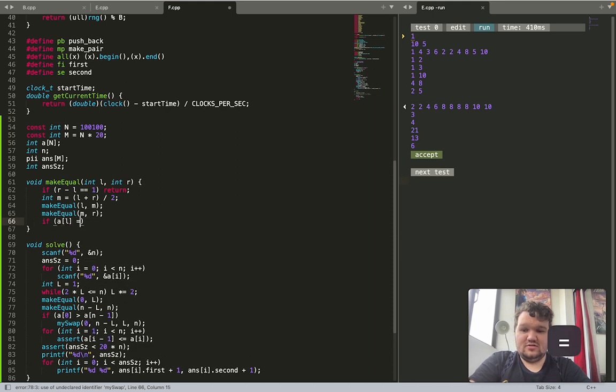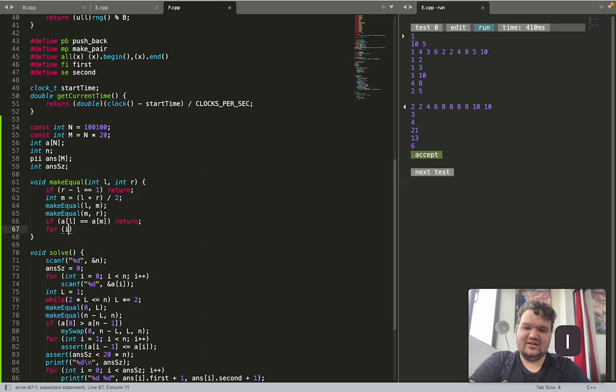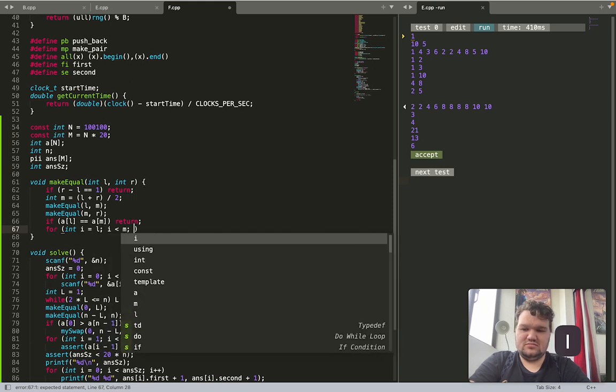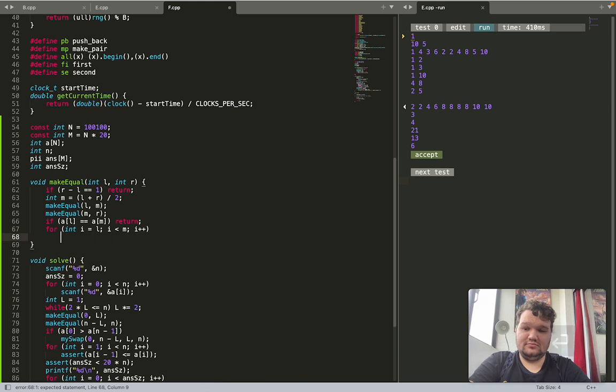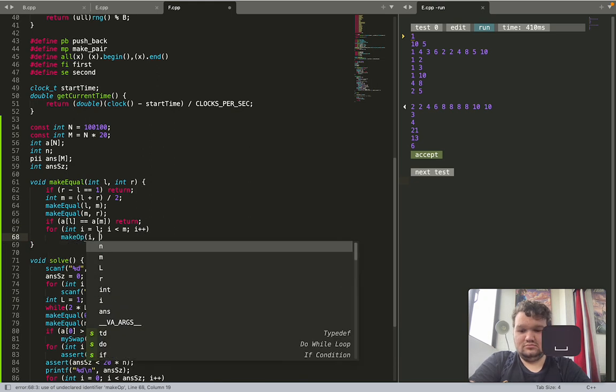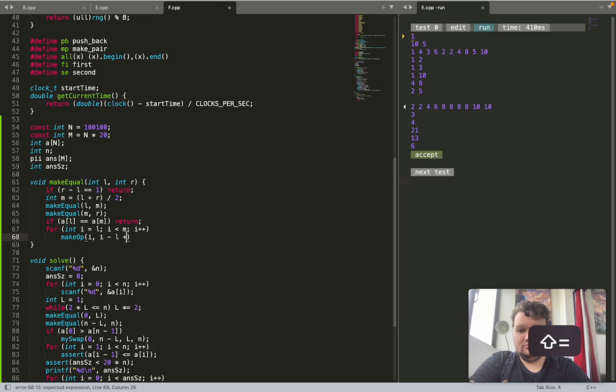If they're already equal, then do nothing. Otherwise, do the operations to make them equal.